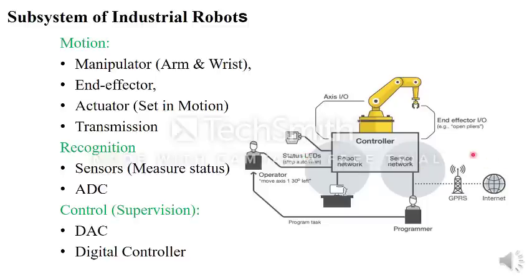See here, the IT and computer science department is involved, electronics is involved, mechanical is involved, control systems and electrical engineering are involved. So all the departments need to get involved to design a proper robot according to the requirement.